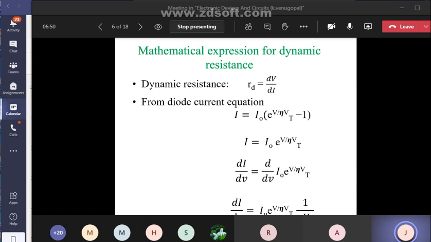Okay, no problem, we'll continue. From this we can write dI by dV equal to d by dV of I naught into e power V by eta Vt. So this becomes dI by dV equal to I naught into e power V by eta Vt, into 1 by eta Vt.